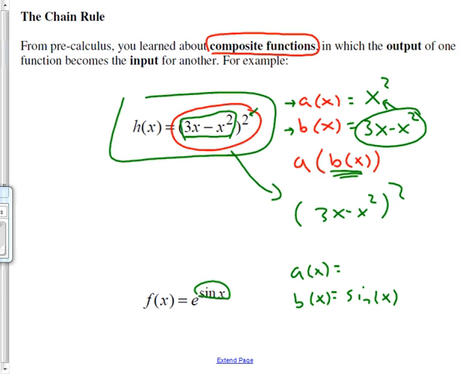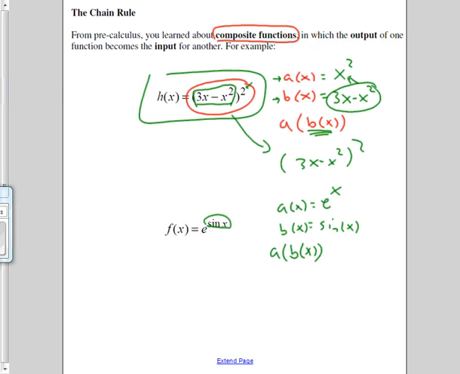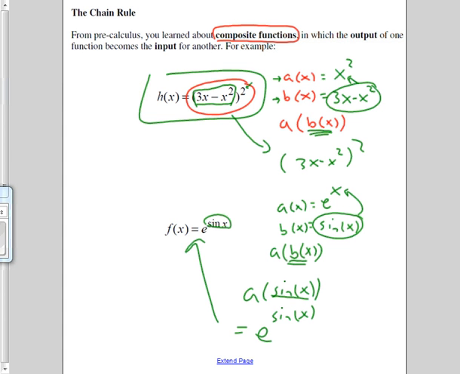And our outer function is e to the x, such that a of b of x, if I were to stick b of x into all the x's for a of x, so in other words, a of sine of x, where sine of x is b of x, equals e to the sine x, which is what we have there.